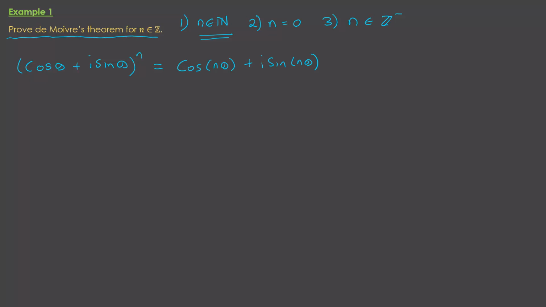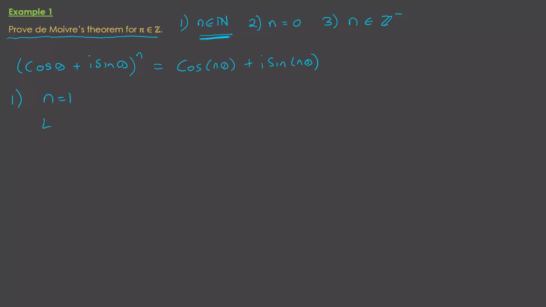Now, I did say that this first part is a proof by induction. So we're going to look, 1, at showing it for n a natural number, and this is an induction proof. So the initial case I'm going to take is n equals 1.